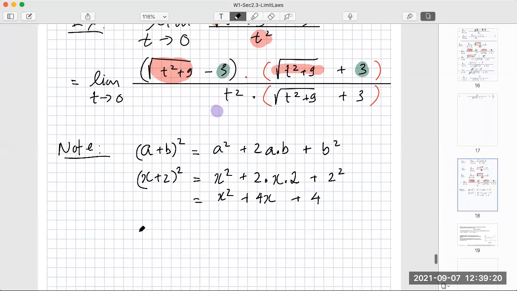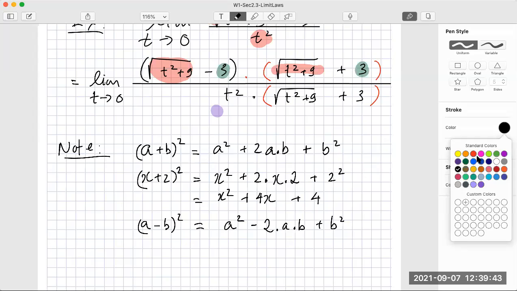And similarly, if we have (a minus b) squared, it will be a squared, minus 2ab. Very good. Perfect. So we're mathematicians and we're lazy. We will do similar things.